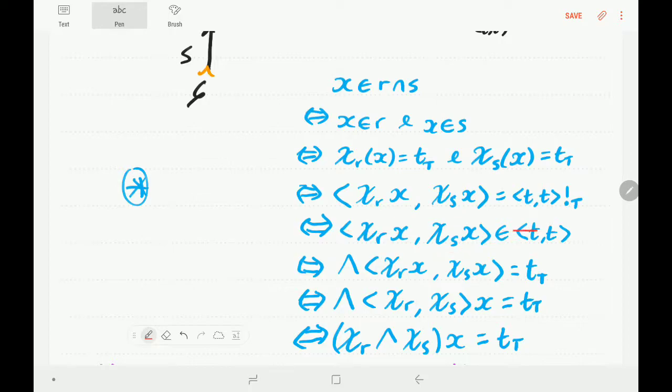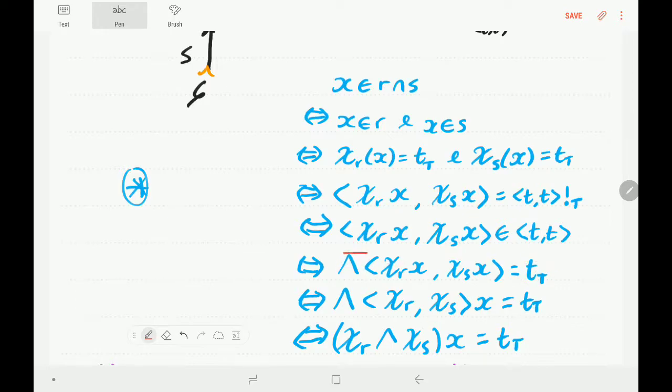And that's going to be true if and only if and after chi of R of X, comma chi of S of X is true.